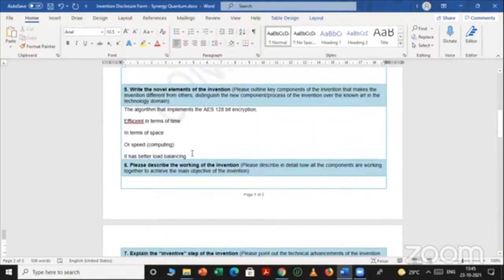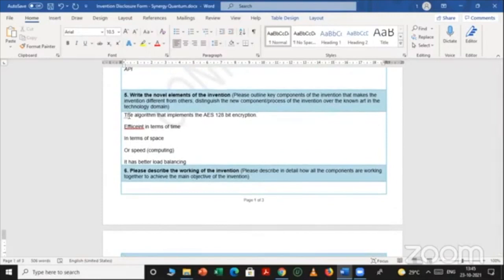So for example, if you are describing to an attorney that you have developed an algorithm that implements AES 128-bit encryption, it is not novel. There is a plethora of encryption algorithms in the market implementing AES 128-bit encryption. So you argue that you are implementing it in a vehicular infrastructure, providing secure vehicular communication.